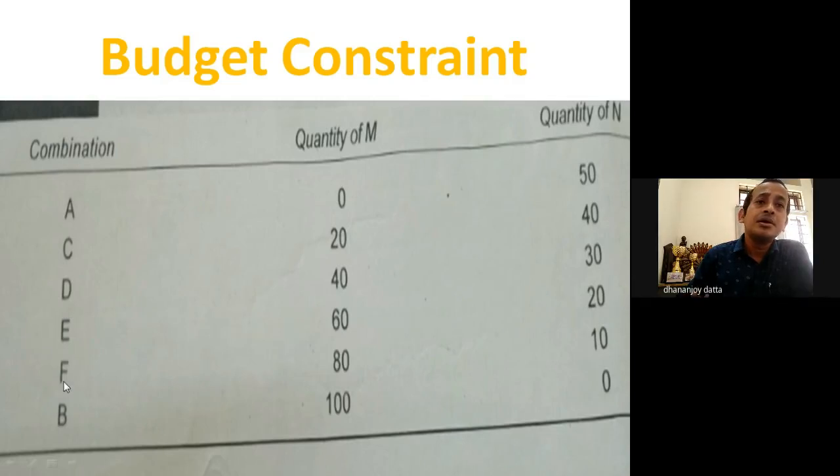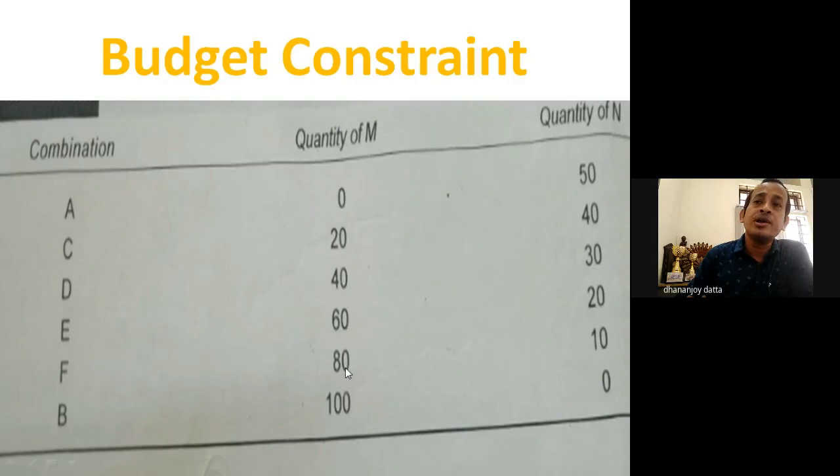Then in the F combination, 80 quantity of the M product and 10 quantity of the N product at rupees 20.